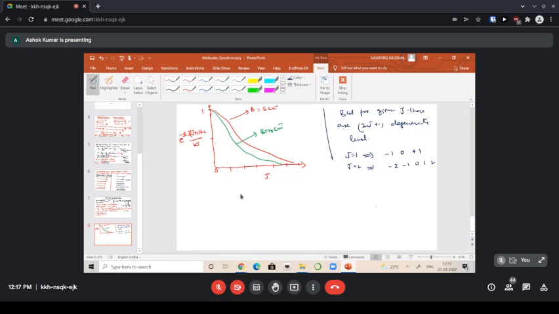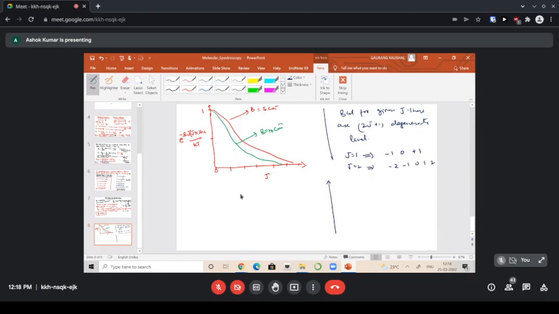If you draw a curve like this, this is the reference direction, and these are the different directions of that J angular momentum.